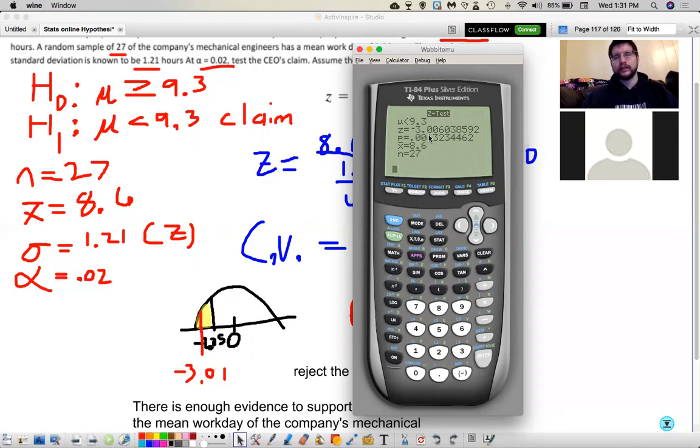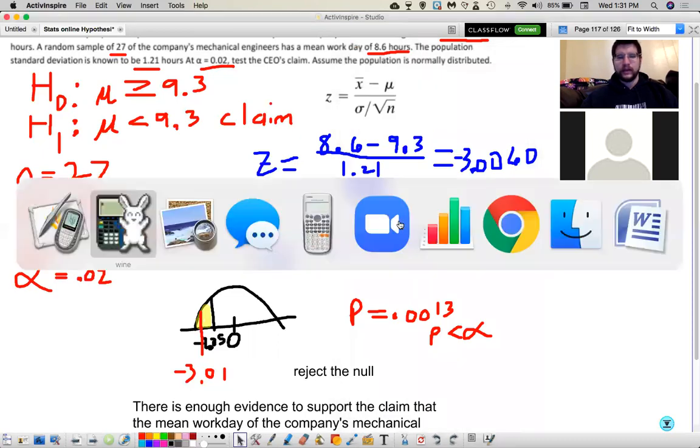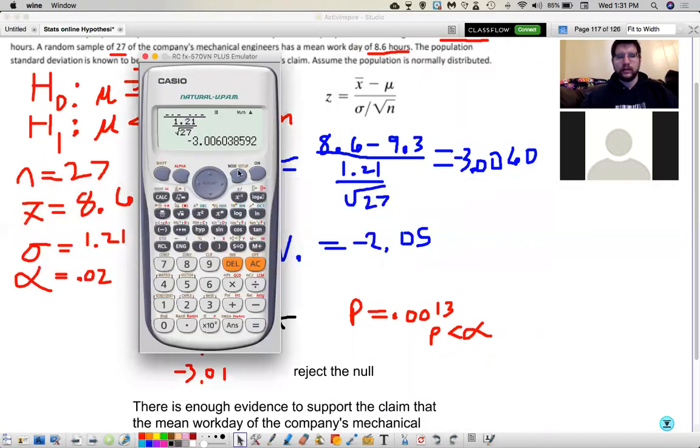You can do this on the Casio or the TI. You can either use the chart or you can use the inverse norm. Second VARS, inverse norm is number 3. The area is 0.02. Leave your mean and standard deviation alone. We get a critical value of negative 2.05, just like we did here. Casio, same kind of thing.